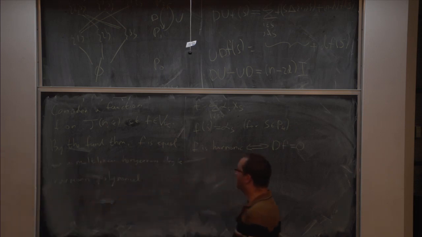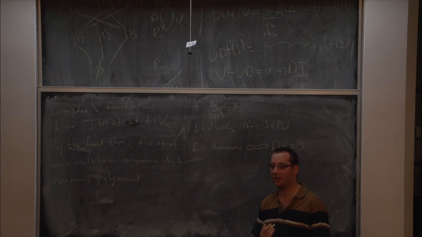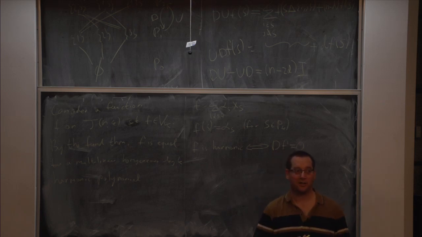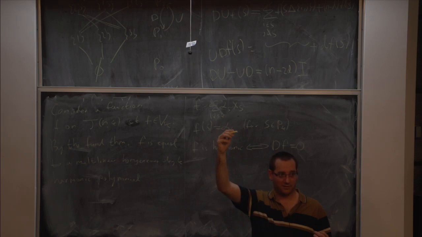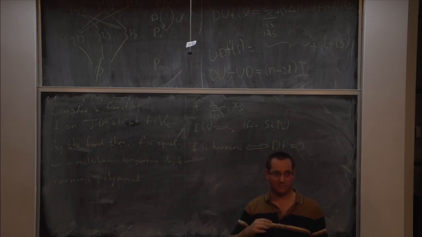Okay, so this was for functions in V_k, but if we have a function in V_l for l smaller than k, then what we can do is take a function on the l-th level and then just apply the up operator enough times. Then we'll get another function on the correct level.